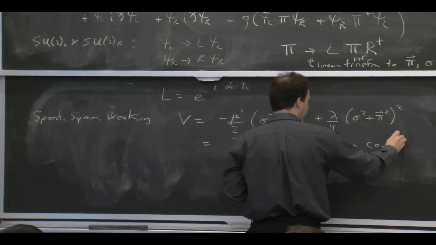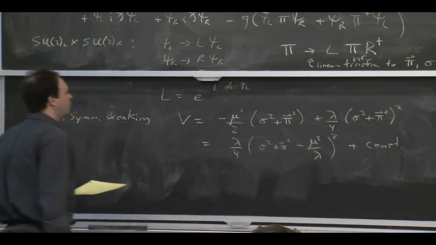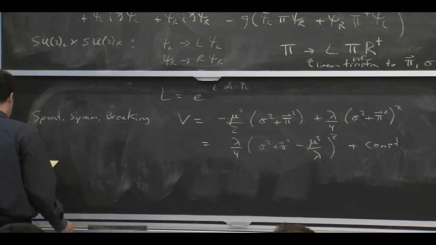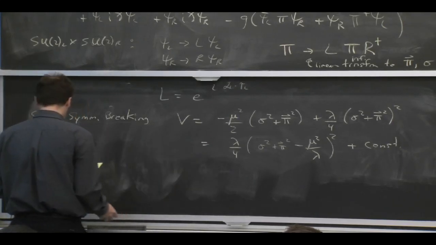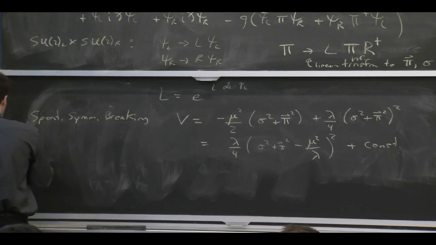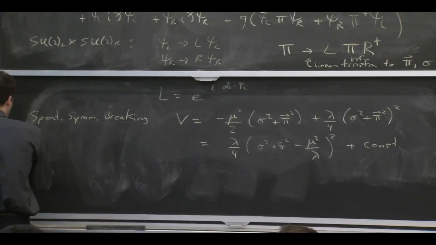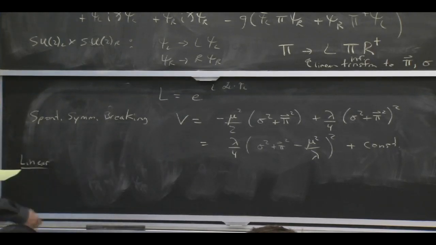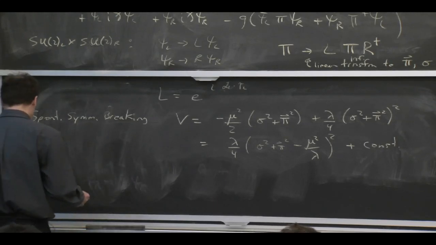And we can always throw away irrelevant constants when we do that. So we get something like that. So the minimum is shifted. And so if we want to shift ourselves over to describe perturbations around that vacuum, then we can do that.